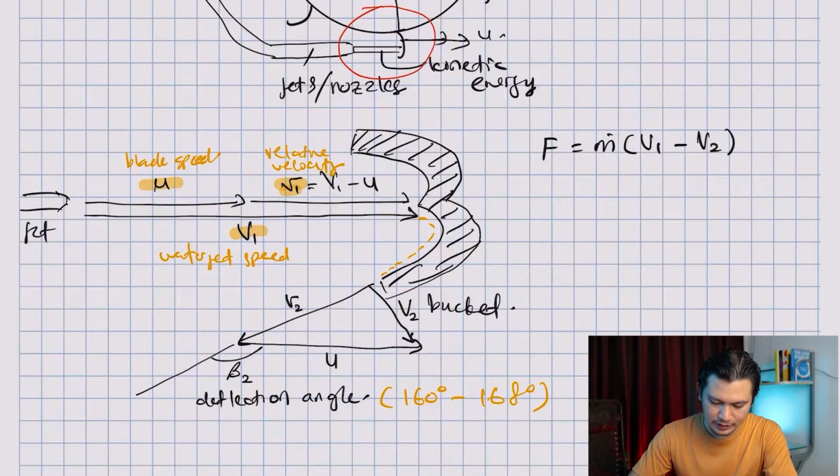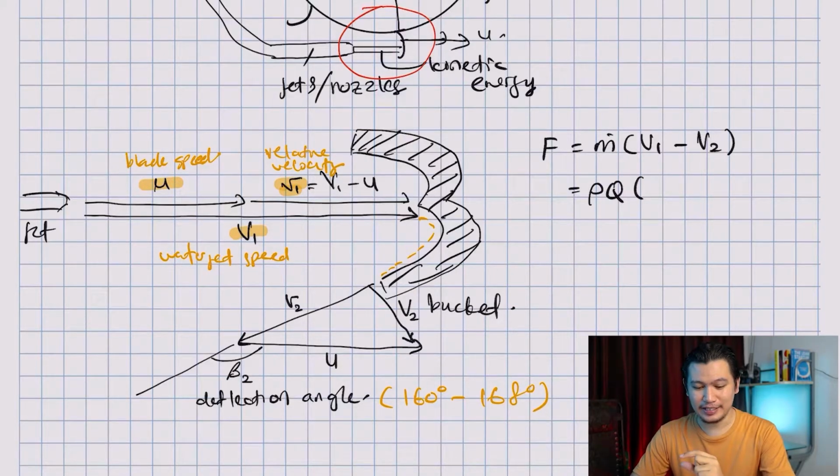So m dot is rho times Q, and v1 is the velocity that hits the bucket. In our case here, the velocity has to be the velocity that the bucket feels.